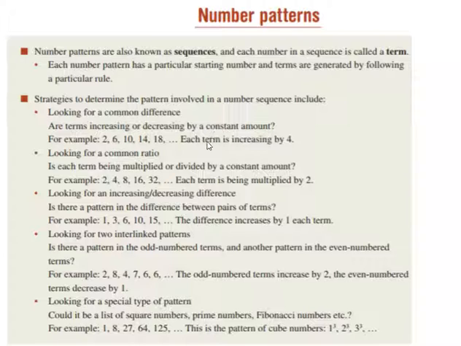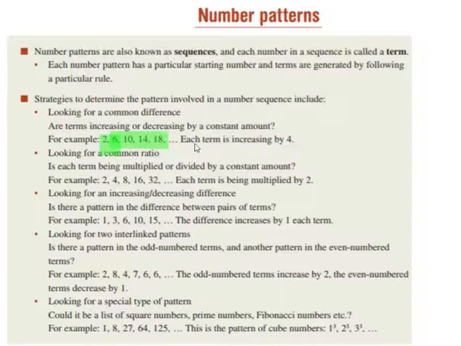The first type of number pattern is this one here where we've got 2, 6, 10, 14 and 18. You might notice there's a constant amount between each of the successive terms. You see there's a 4, a 4, 4, 4.